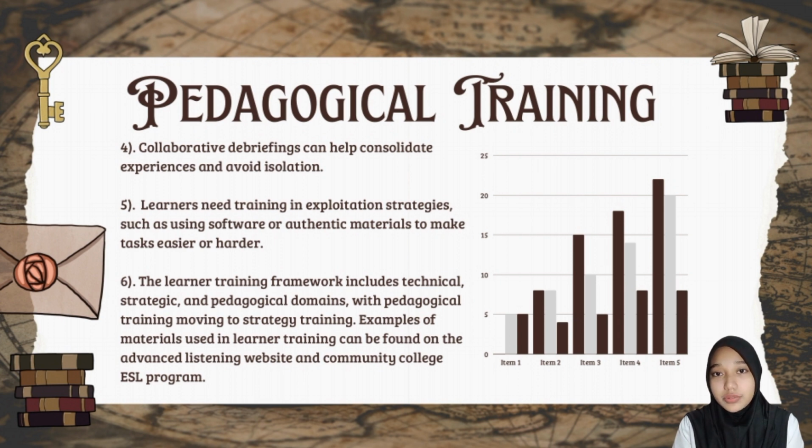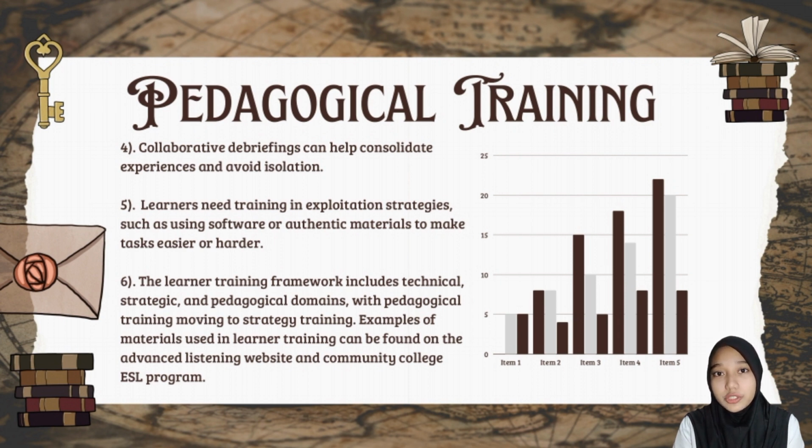To effectively train students, it is crucial to thoroughly analyze the software, task, or activity and establish connections between actions and learning objectives. The learner training framework has been expanded to include three domains: technical, strategic, and pedagogical. This model moves some pedagogical training to the more recognized area of strategy training.